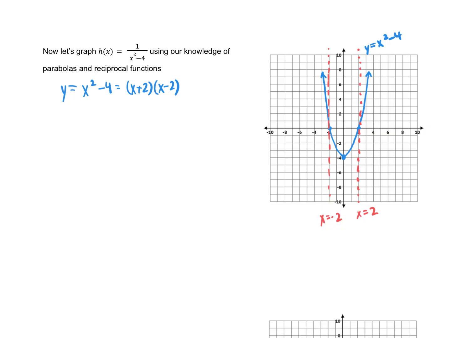So my function starts off decreasing until we hit that vertex, and then it increases. So on the reciprocal function, h of x, if I start off decreasing, I'm expecting in this region to actually increase. And then when the original function is increasing, I'm expecting the reciprocal to decrease, okay?